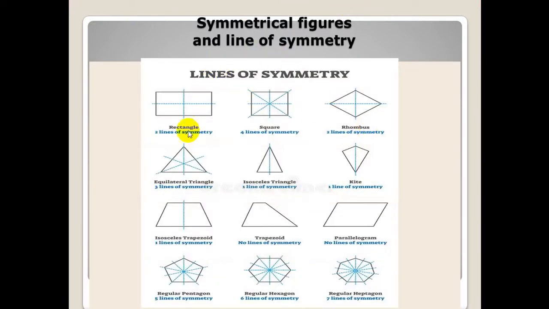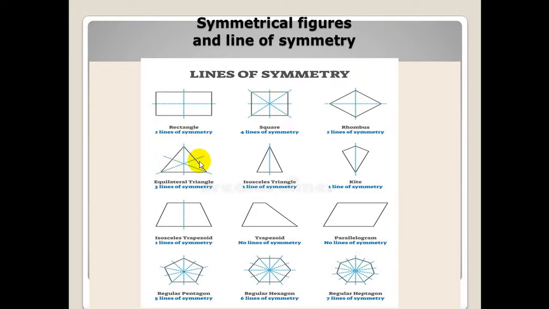More figures have lines of symmetry. The rectangle, how many lines? Two lines. Rectangle has two lines. And square, four lines. Rhombus, two lines. Here we can divide the rhombus into congruent parts with two lines. And equilateral triangle, three lines.